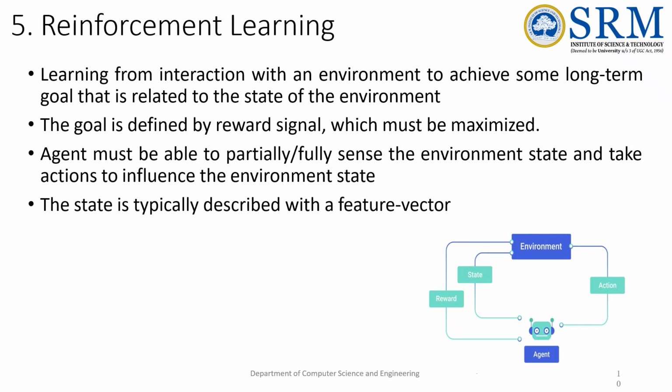Next is reinforcement learning. Reinforcement learning is a machine learning technique in which an agent learns by interacting with its environment. The agent performs actions, receives rewards or penalties, and gradually learns the best strategy to achieve the goal. It is similar to how humans and animals learn through trial and error.